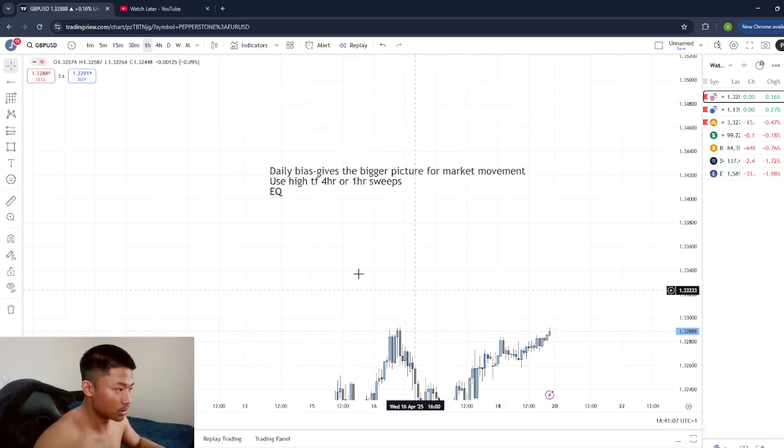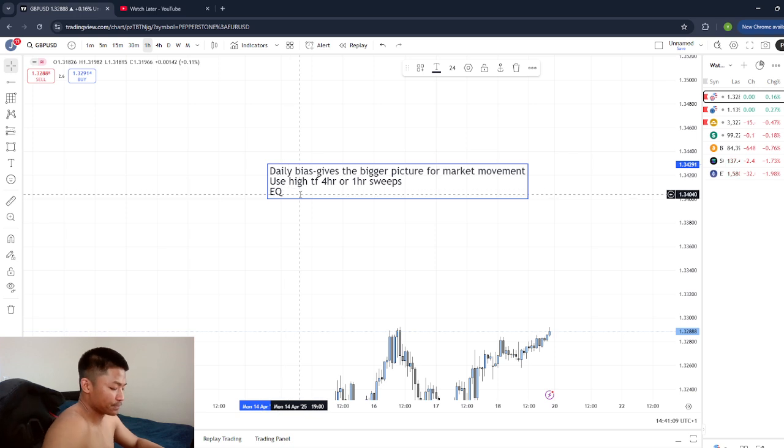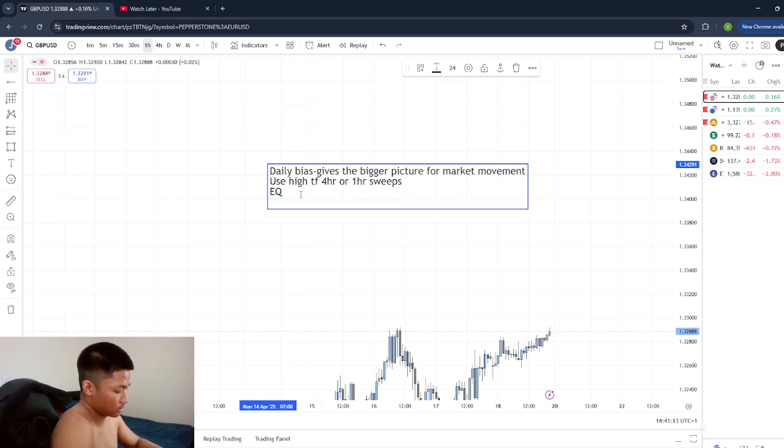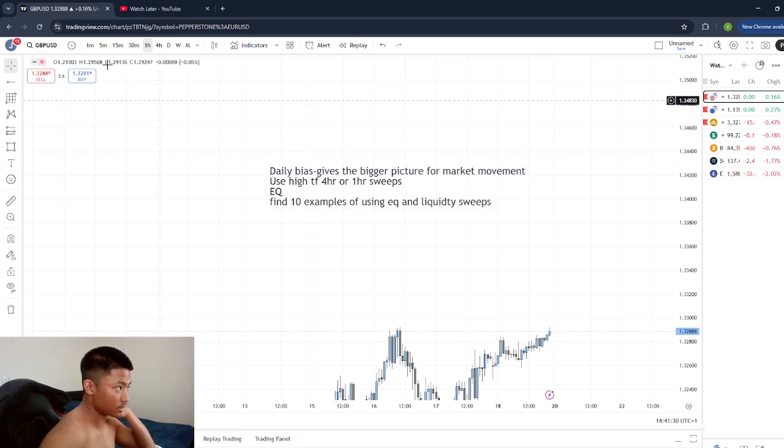I want you guys to backtest this and find 10 examples of using equilibrium and liquidity sweeps. Okay, pretty easy.